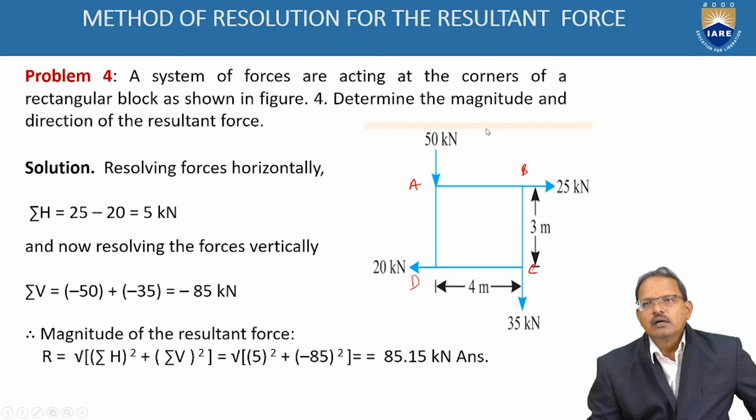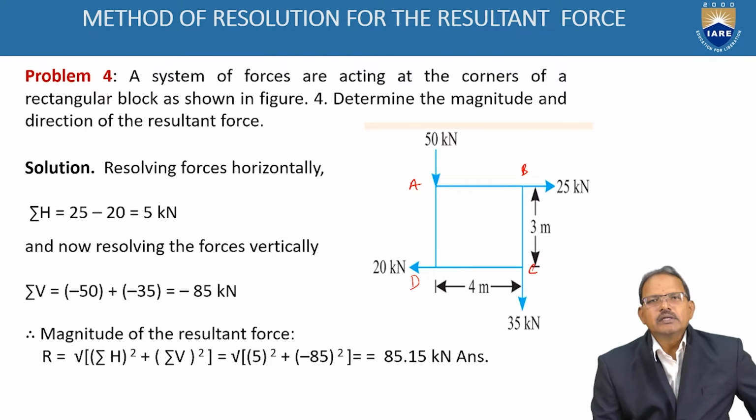At A, a vertically downward force of 50 kilonewton is acting. At B, a 25 kilonewton force is acting toward the right side, at theta positive. At C, a downward 35 kilonewton force is acting, at theta negative. And at D, a left hand side 20 kilonewton force is acting.